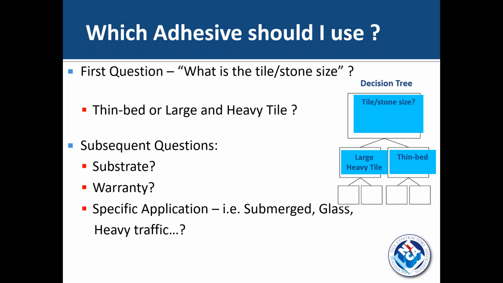And then from there, once you've determined whether you need a thin bed or a large and heavy tile product, then you can look at what your specific tile is, what the substrate is, and any specific applications such as submerged glass, traffic, and what type of warranty you're looking for.